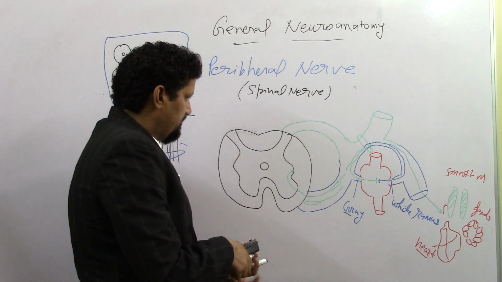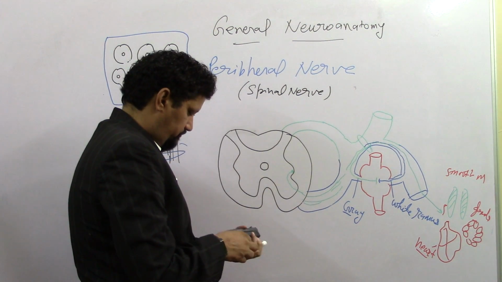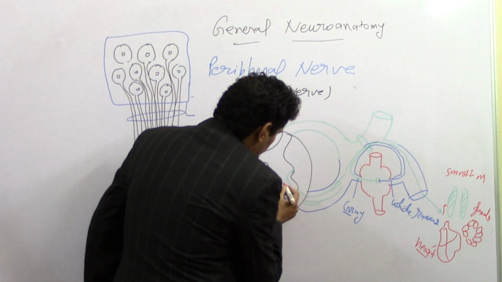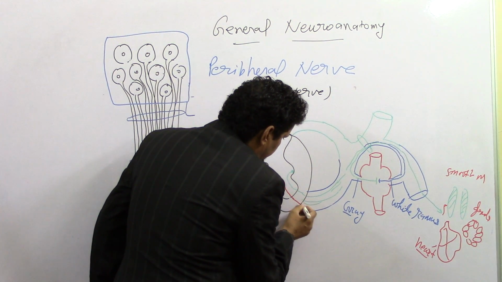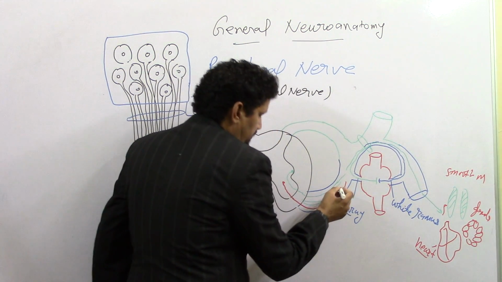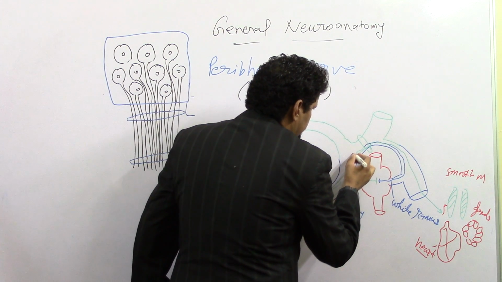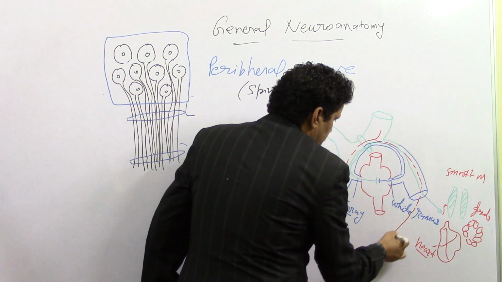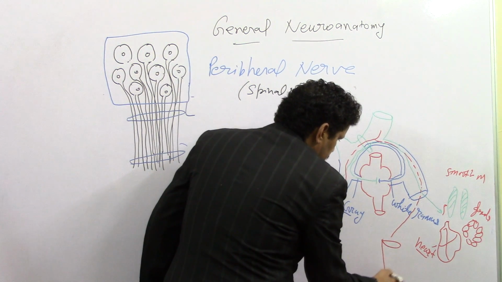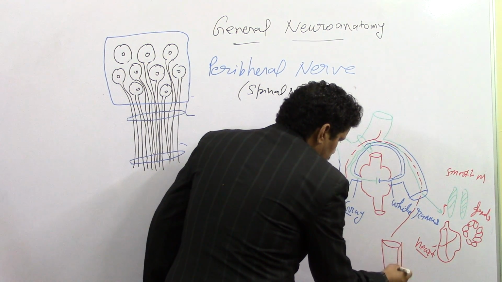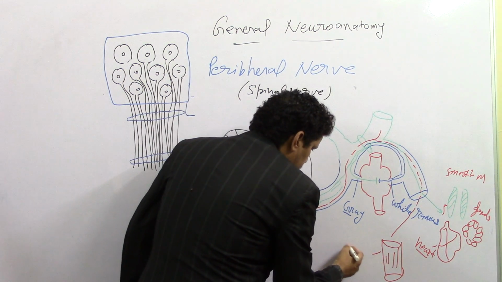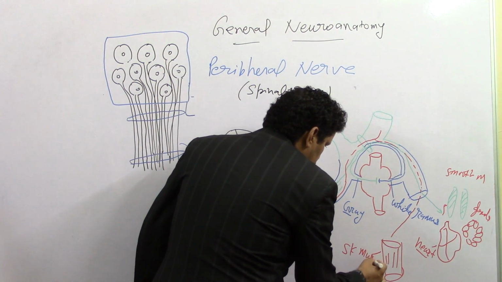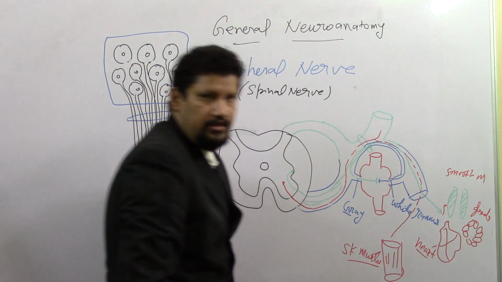The other types of fibers from the motor grey horn are the somatic efferent, without relay in the sympathetic chain. These fibers will supply the skeletal muscles. Skeletal muscles.